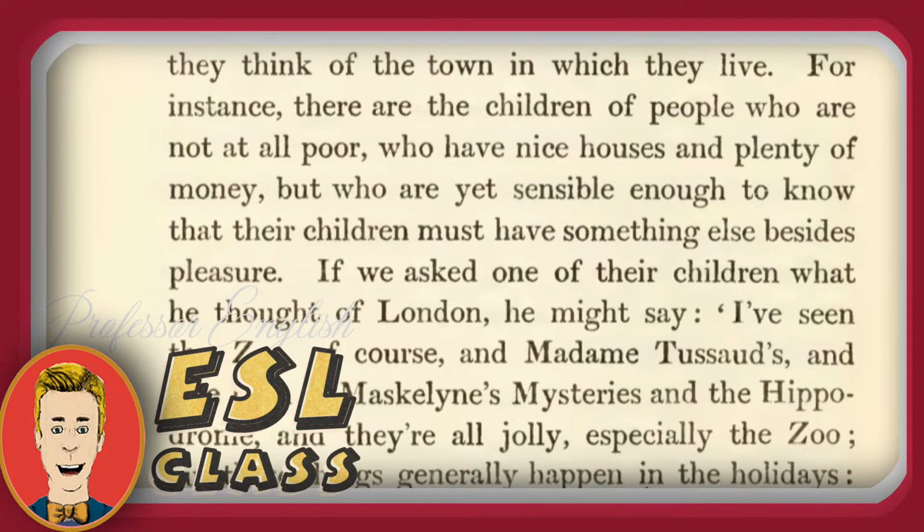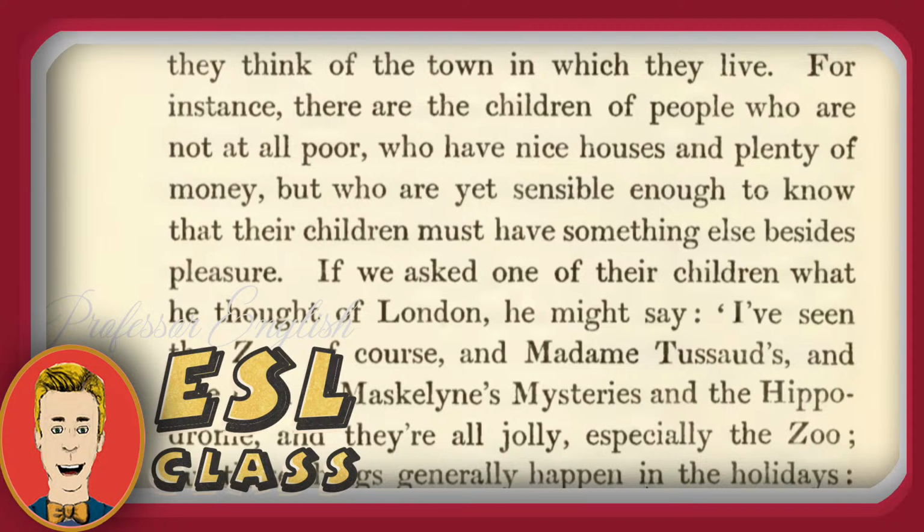The author first describes these children who must be very rich and can do whatever they want. And now the author is talking about people who also have money, but they're more sensible, and they don't always give their children what they want, and they make them study, and they give them discipline.